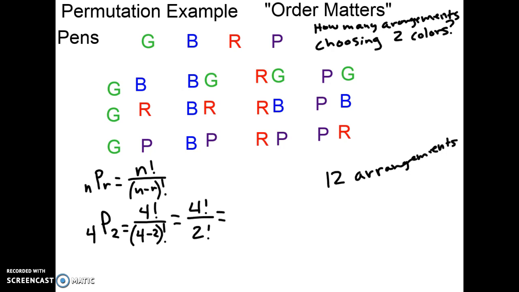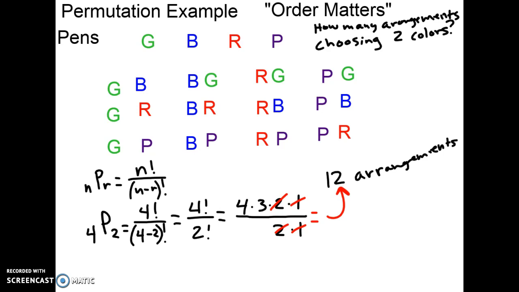And if we were to write that out, we'd go 4 times 3 times 2 times 1 divided by 2 times 1. So hopefully you can see that when this happens, we can cancel the 2's and the 1's out, and we get 4 times 3 equals, well, we get 12, sure enough. Okay, so that's kind of the longhand way of doing it.